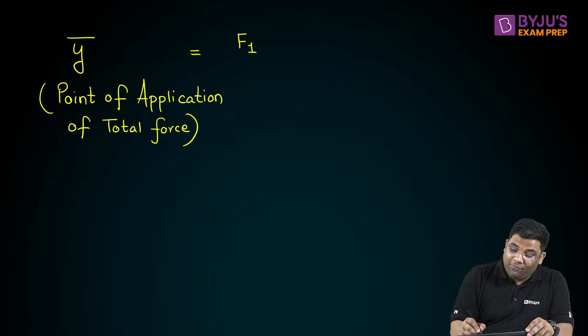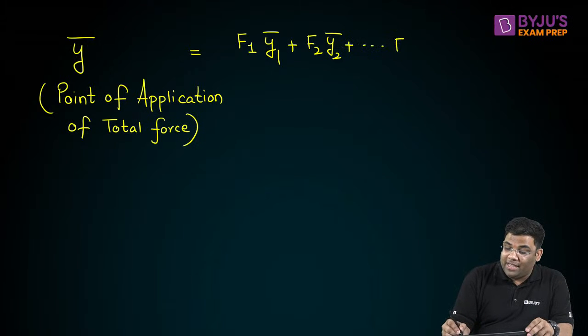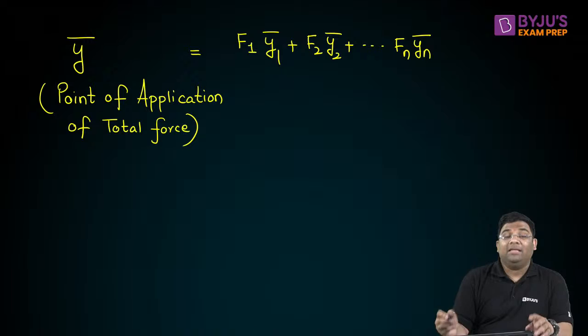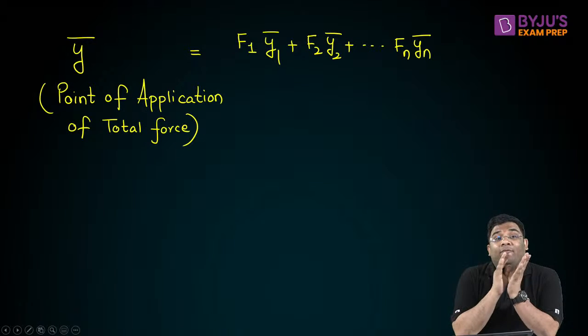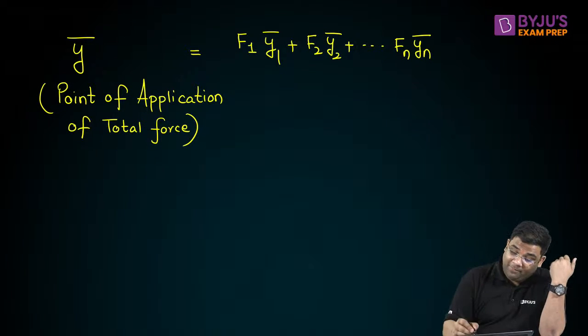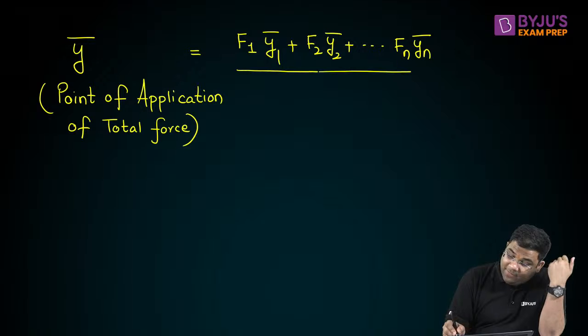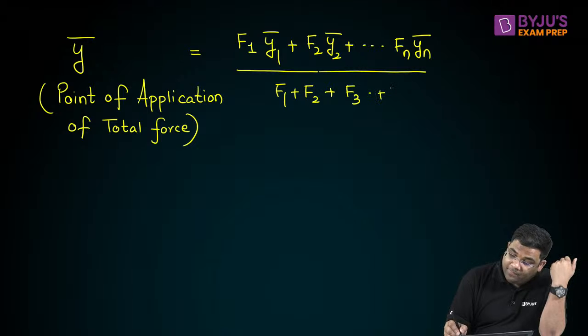What? F1 y1 bar plus F2 y2 bar plus Fn yn bar, simply the summation of multiplication of force into the point of application, divided by the summation of the forces, or I can say total force.